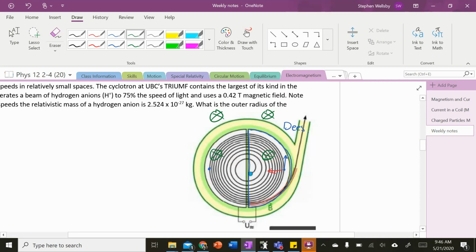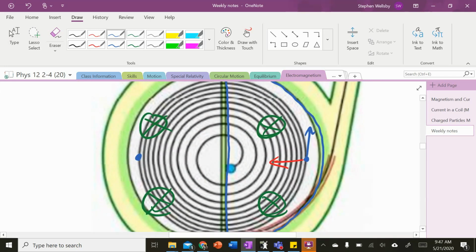Okay. And the reason why there's a gap between these two Ds is because in this little gap, they rotate the direction of the electric field.